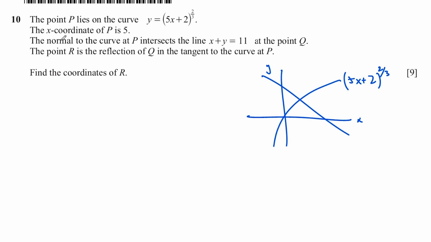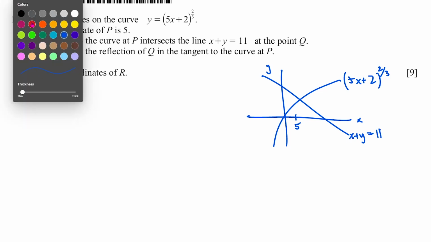Right, so the normal to the curve at P, let's say this is P, the normal to this curve. I will draw that using a different color. Okay, I'll draw the tangent in green first.